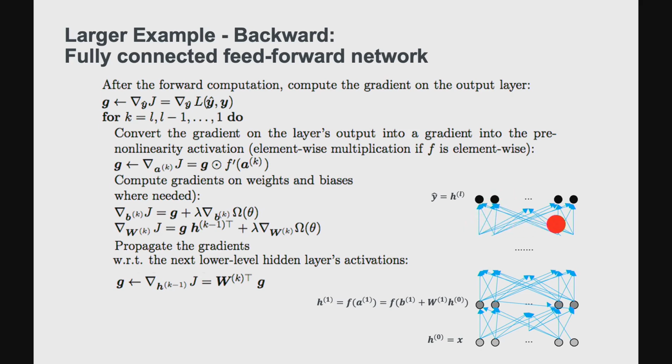If we now have updated these weight connections, we now have to move the gradient that we have about the values here to the gradient about the values here. And that's what we do in this step. The next gradient is the gradient of the hidden layer before of my loss value, which is nothing else than the weight matrix transposed times the gradient.